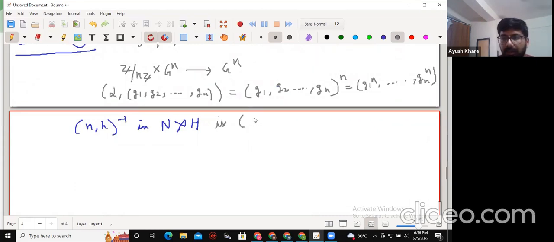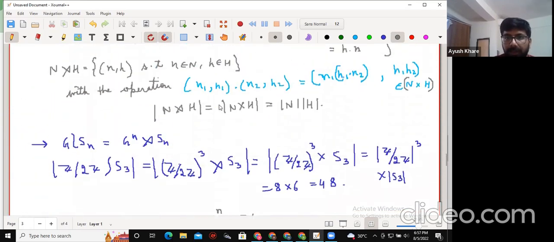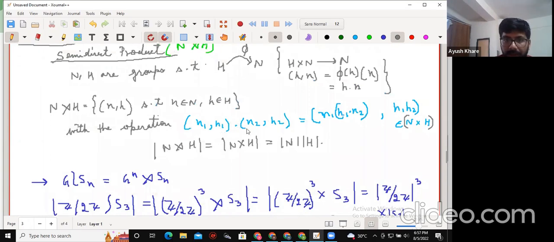It's your h inverse dot n inverse. H and N are looking similar, don't get confused. And the other element is h inverse. See, this coordinate is easy to guess, the second coordinate, because here you are just having multiplication as the product operation, right? So you want that if let's say (n2, h2) is the inverse of (n1, h1), then their composition should be equal to identity, right?